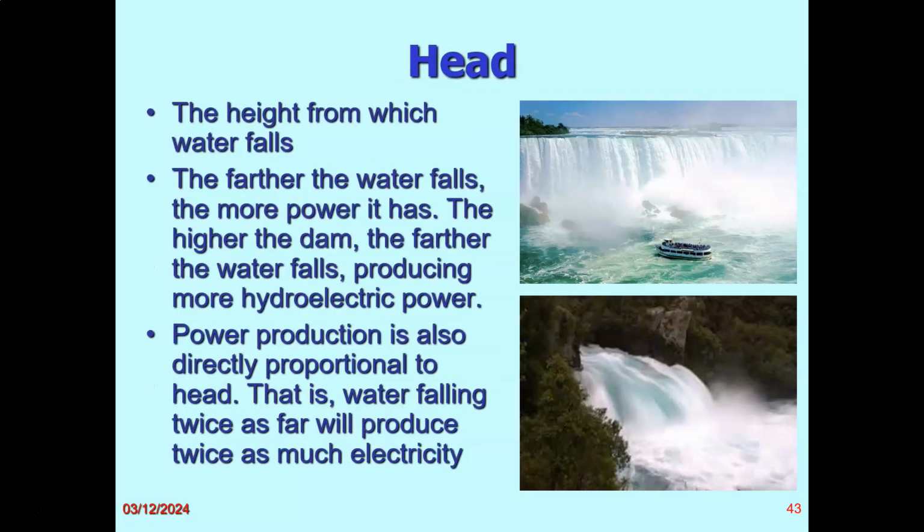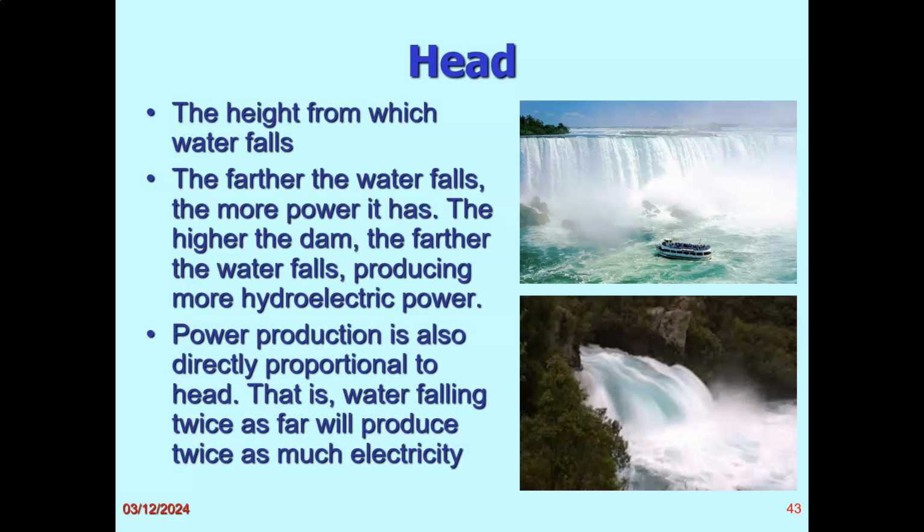The head, so here is an example of low head and high head. The head is the height from which the water falls. Of course, the farther the water falls, the more power it has. It's quite simple: the higher the dam, the farther the water falls, producing more hydroelectric power.